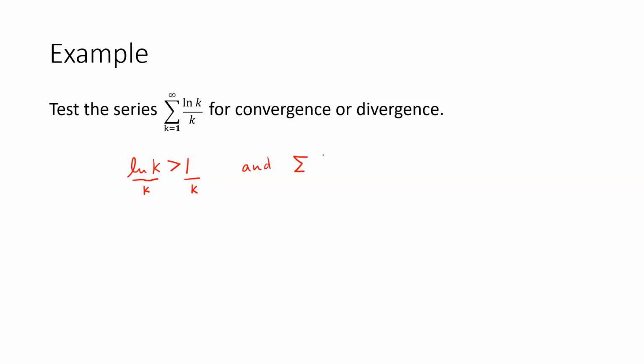So what do we know about this series 1 over k? Well, notice this is the harmonic series. And remember, we know that the harmonic series is divergent. Or you could also use a p series.